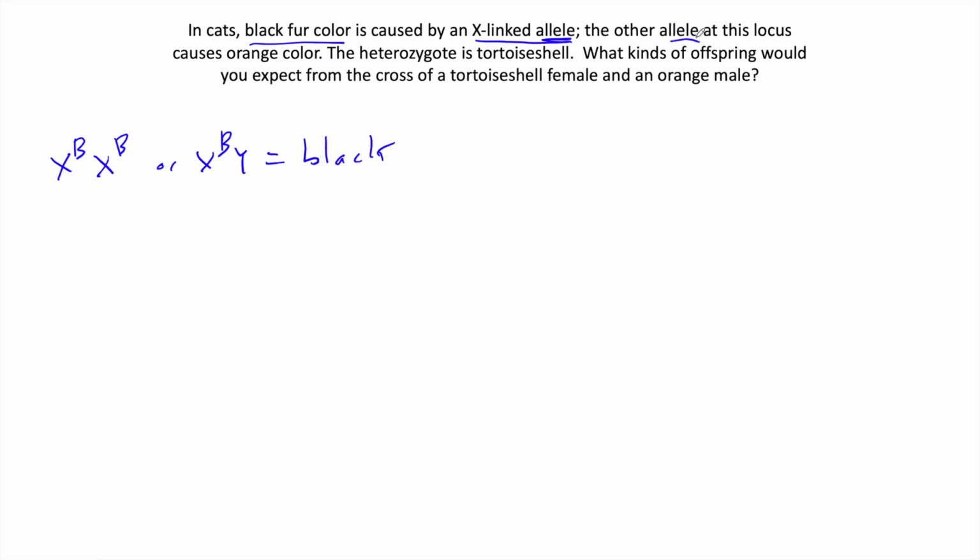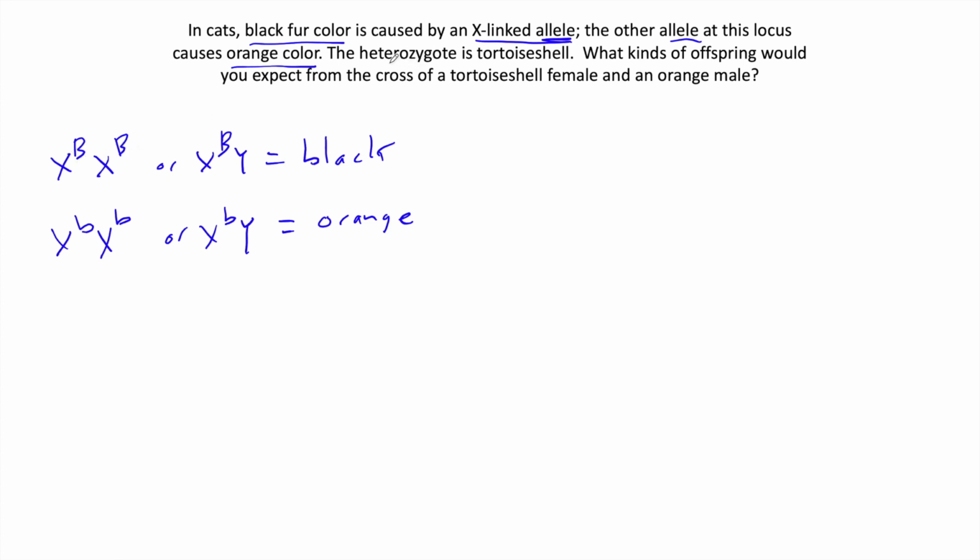The other allele of this locus causes orange color. So let's say X little b, or X little b, Y causes orange. If you notice, I didn't say for black X big B dash.